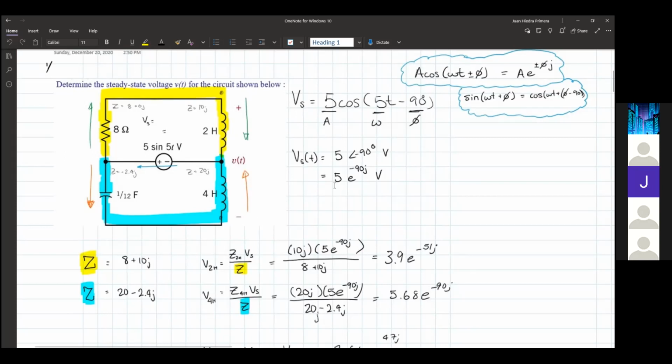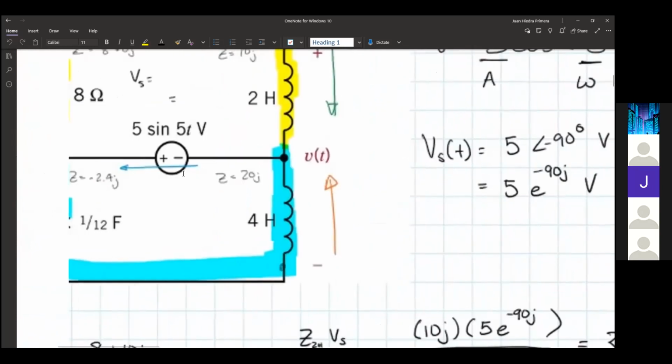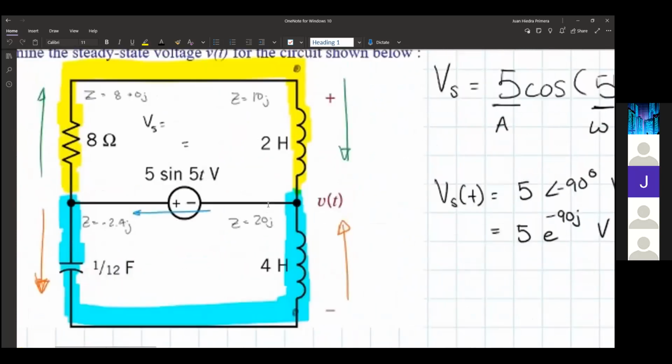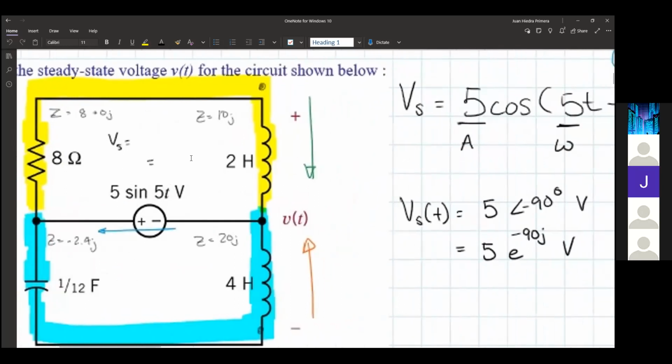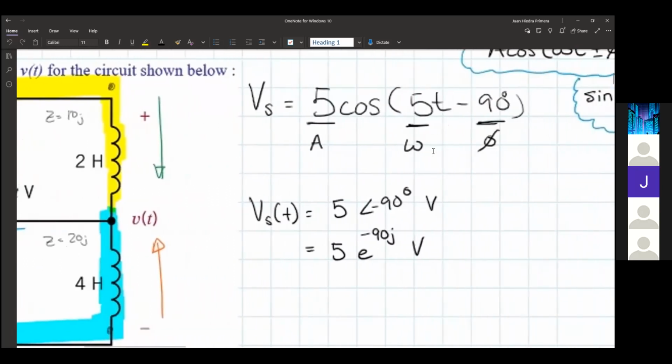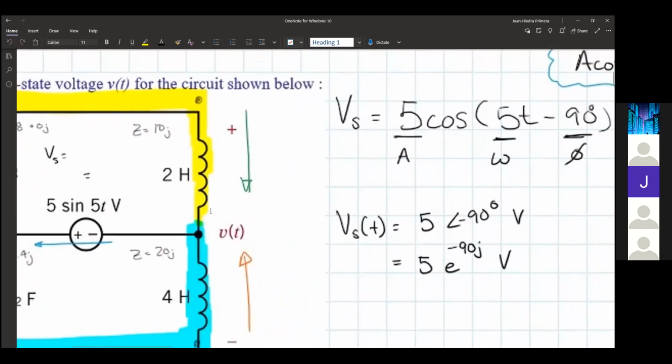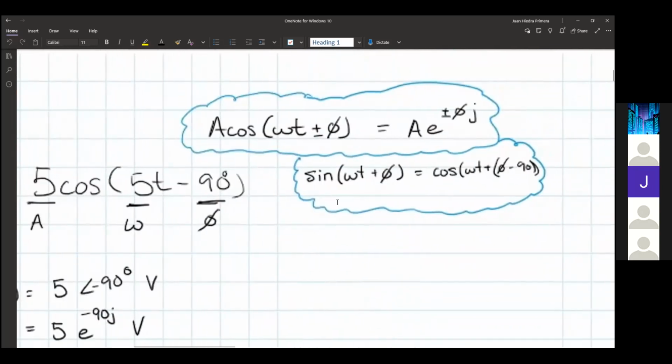So first, let's state all of our givens. Let's convert all of the passive components into their impedance and convert the voltage source into the cosine form. You usually want to work in cosine form. You rarely ever want to work in sine form. Do note that to convert from sine to cosine, you simply subtract 90 from the phase shift.